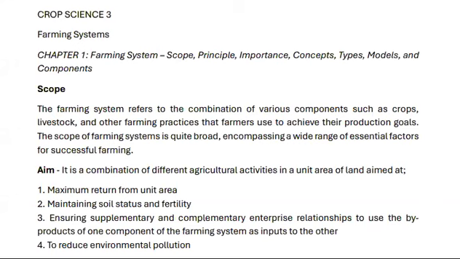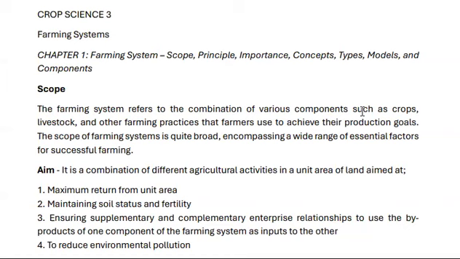So farming system refers to the combination of various components such as crops, livestock, and other farming practices that farmers use to achieve their production goals. So its scope is quite broad and it encompasses a wide range of essential factors for successful farming.